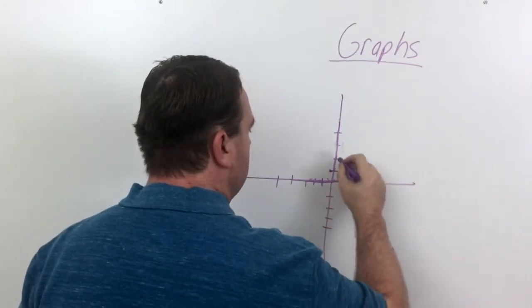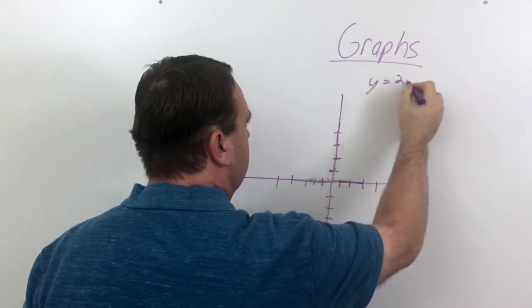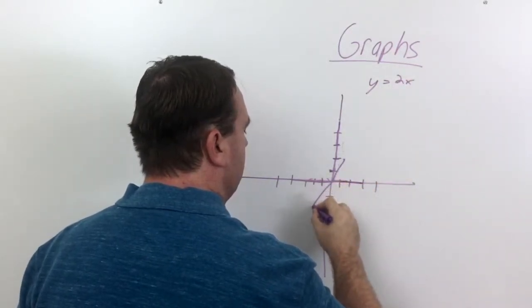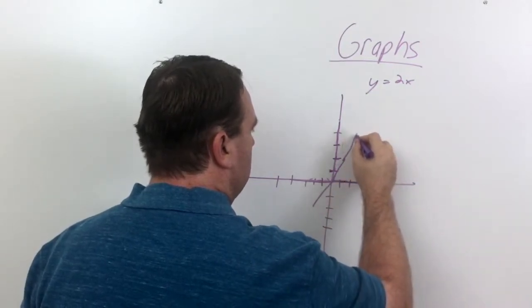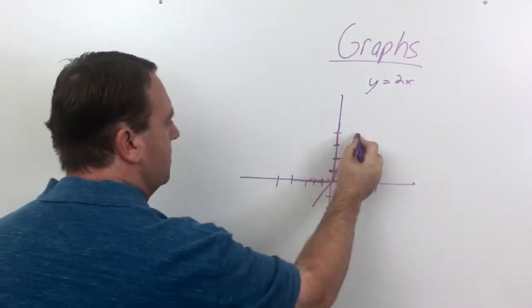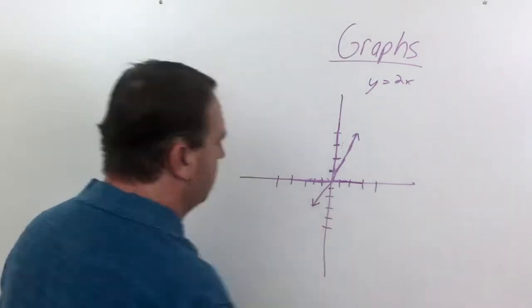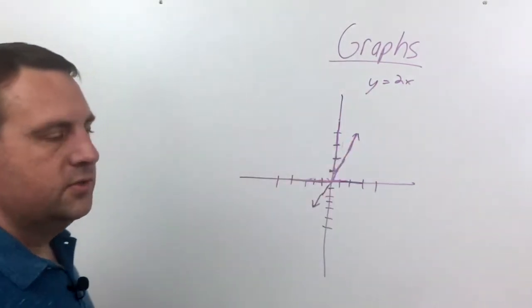and let's just do, for simplicity, y equals 2x. Okay, so we'll have this function. So y equals 2x, it's going to be a line, goes infinitely both directions. All right, so this is y equals 2x.